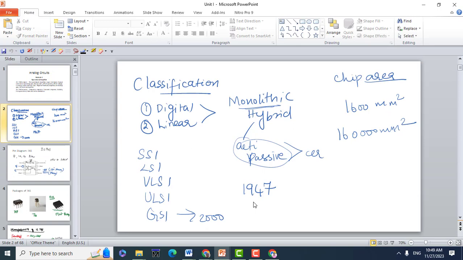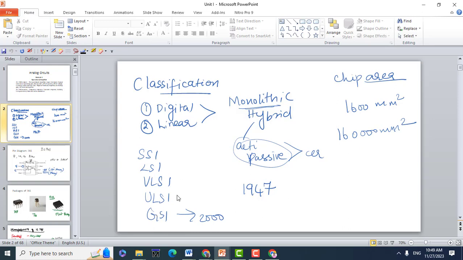So we can classify these circuits. Generally, any circuits can be classified into digital circuits and linear or analog circuits. So we will be classifying those circuits, namely your analog circuits, as small scale integrated circuit, large scale integrated circuit. So these are all chips.